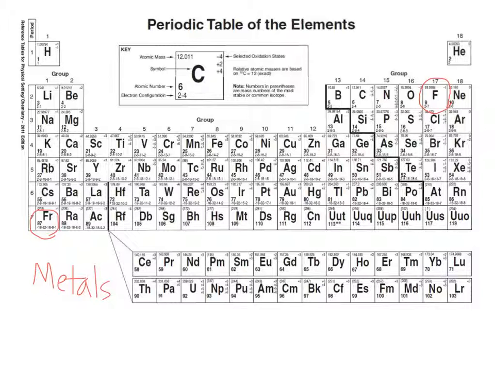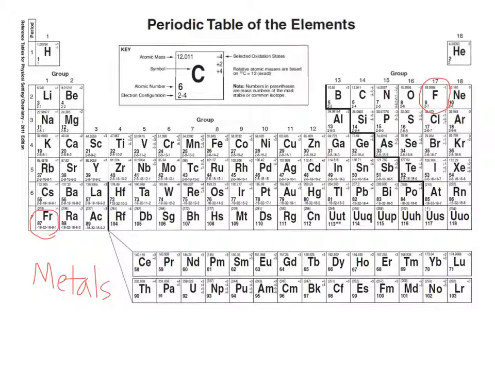Well, things like iron, cobalt, nickel, copper, silver, gold, mercury, zinc. These are all metals that most of us are probably familiar with in some way, shape, or form. So this whole side is going to be metals, as well as some elements that we wouldn't necessarily think of. Sodium, potassium, calcium, all of these are also metals.